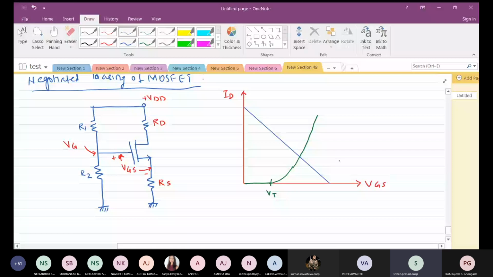Just to mark a few things: maximum drain current will be VG divided by RS. This is going to be VG.